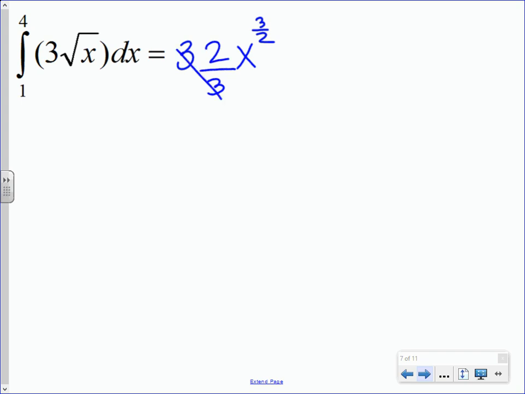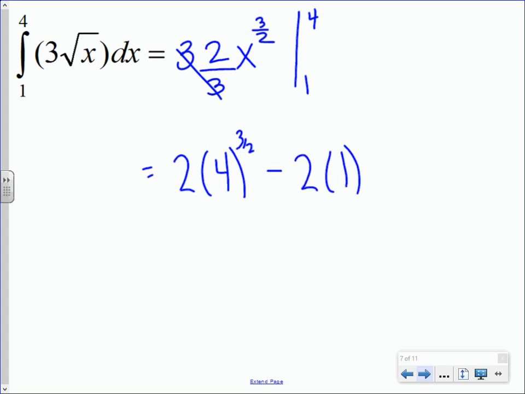That's nice, isn't it? And we want to evaluate this from 1 to 4. So what we have is 2 times 4 to the 3/2 minus 2 times 1 to the 3/2.